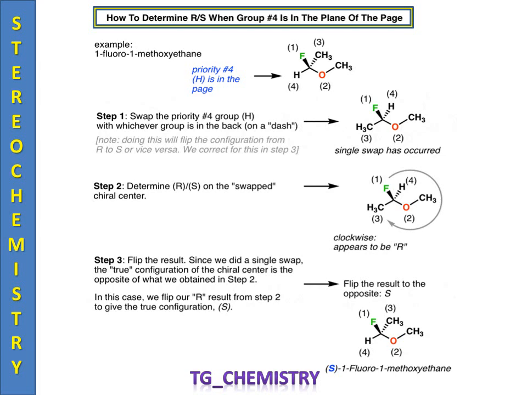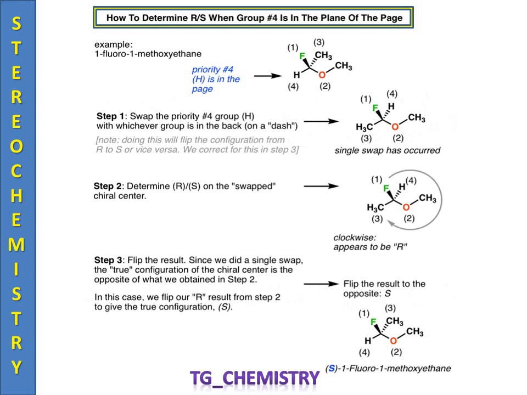Okay, I will be coming very soon into the double swapping or double conversion. As we have done a single swap, the true configuration of the chiral center is the opposite of what we obtained in step 2.